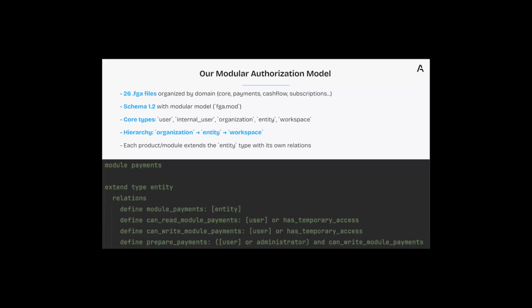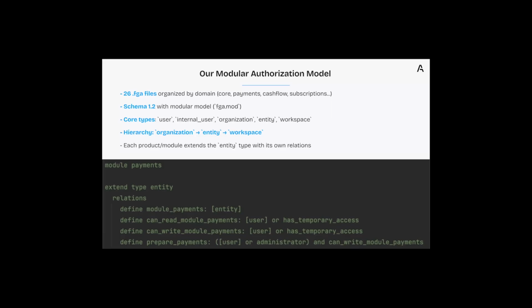So we use the modular model feature. Each product team owns their FGA file, so the patterns are standardized. Every product has can-read, can-write, and can-access relations. This consistency makes it very easy for new teams to add their permissions.